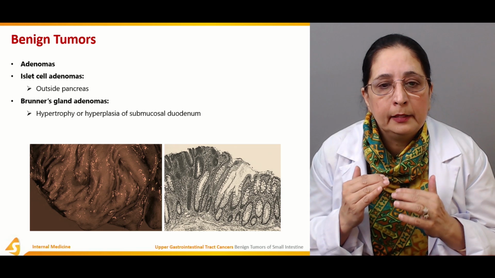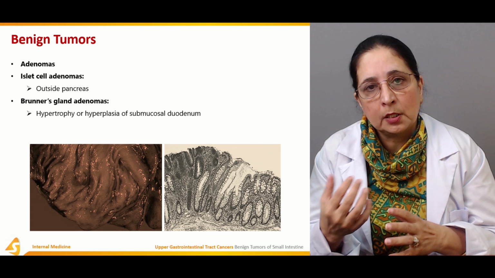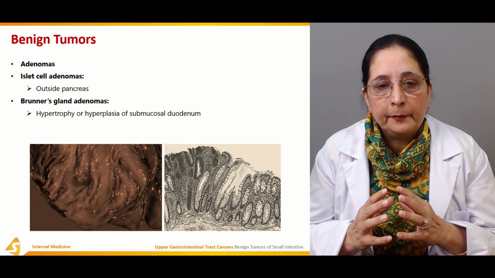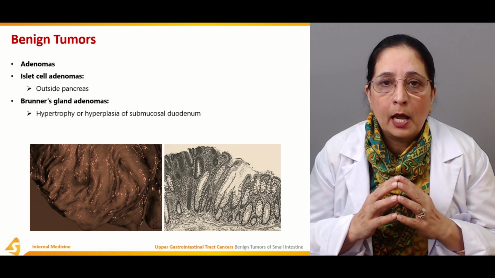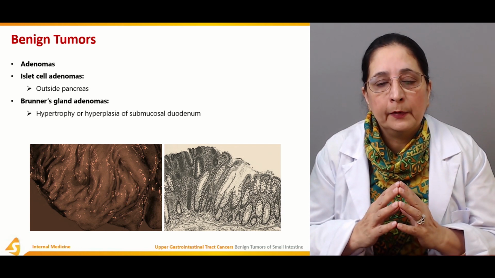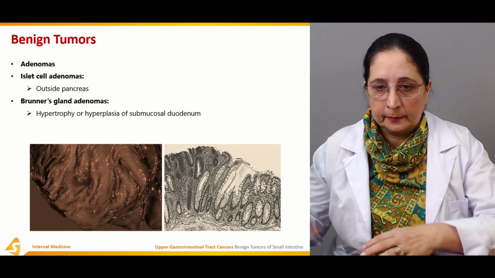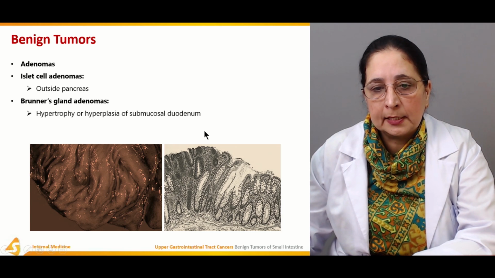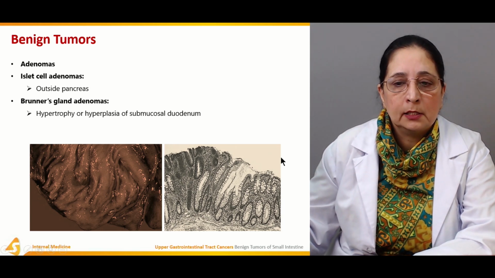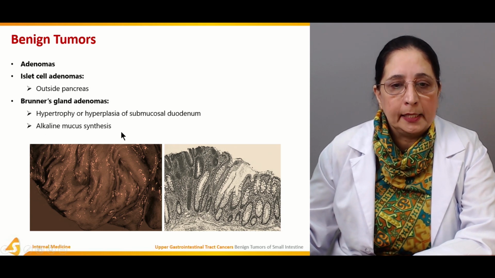So islet cell adenomas are outside the pancreas, and Brunner's gland adenomas are due to hypertrophy and hyperplasia of the submucosal duodenum. You can see the hypertrophied cells present on the histological picture. Alkaline mucus synthesis.